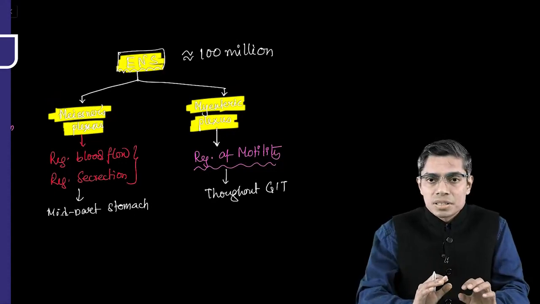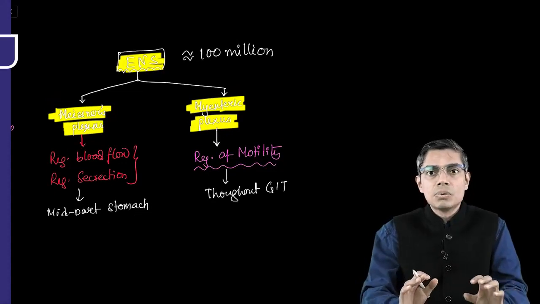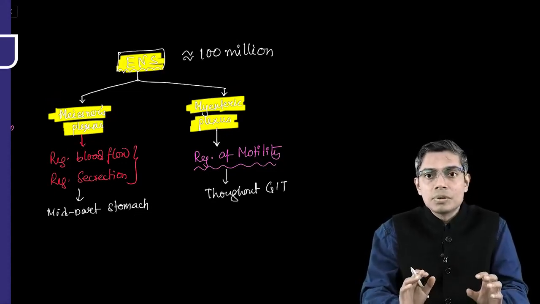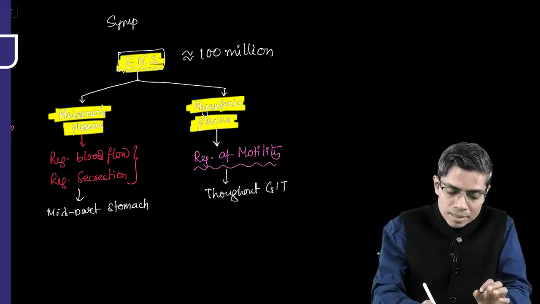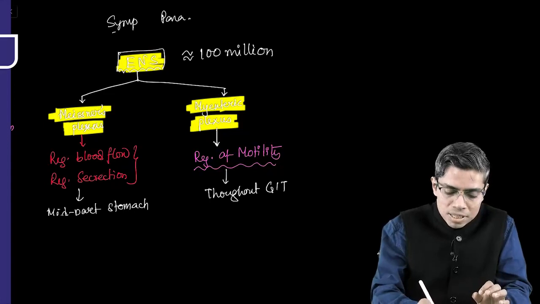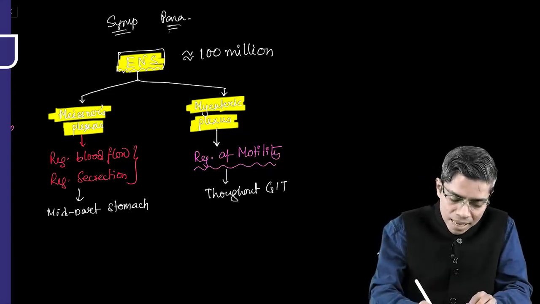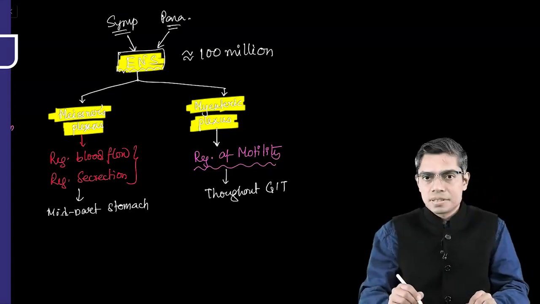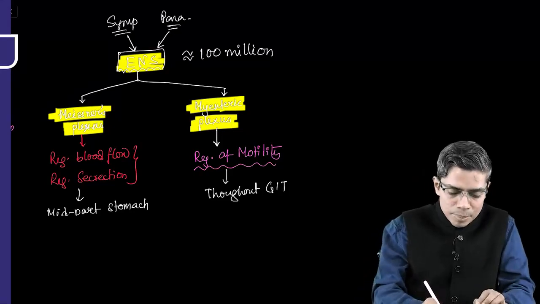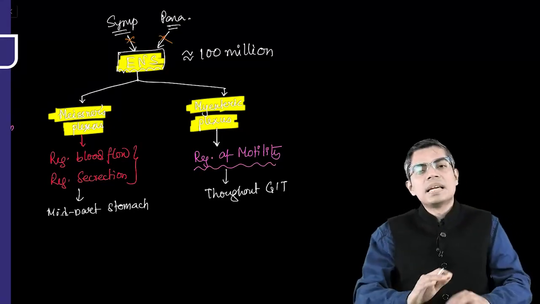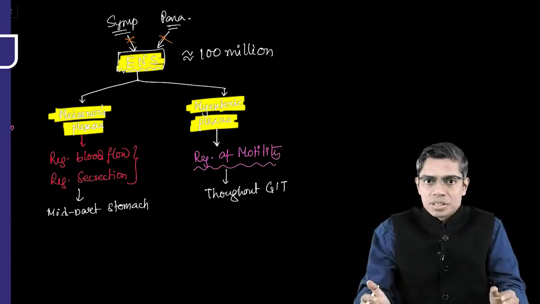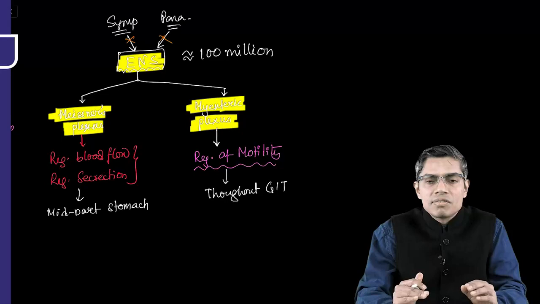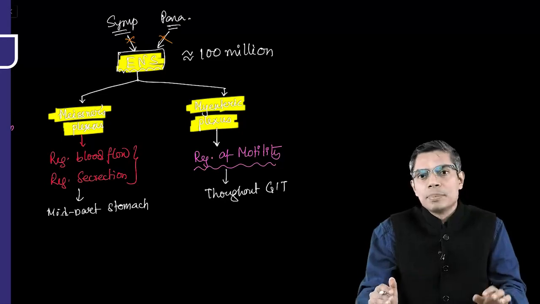It can function normally without the help of the sympathetic and parasympathetic system. Although the sympathetic and parasympathetic system has effect on this enteric nervous system, even if you cut this sympathetic and parasympathetic system, enteric nervous system can function autonomously. It can maintain all functions of GIT without any impairment.